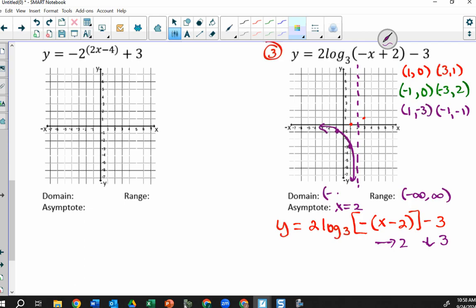Yeah, -infinity to 2. Guys, that is as tricky of a log graph as I would give you at any point. I would give you one up to that level of trickiness, but I won't give you one harder than that, okay?